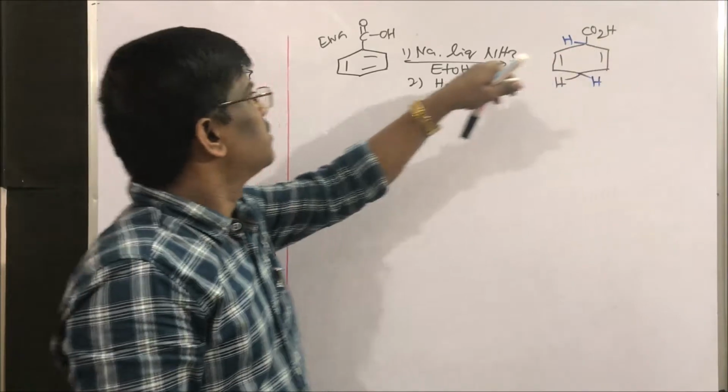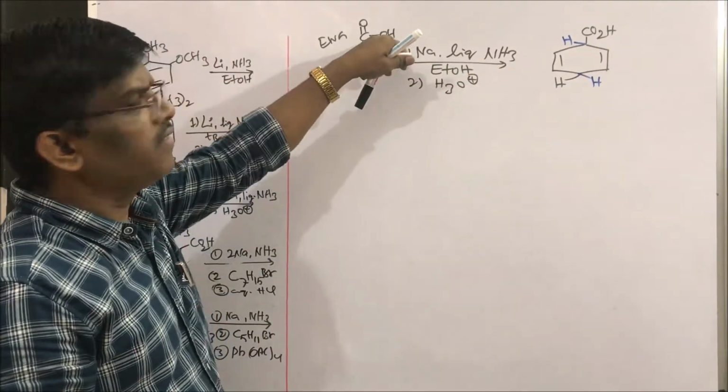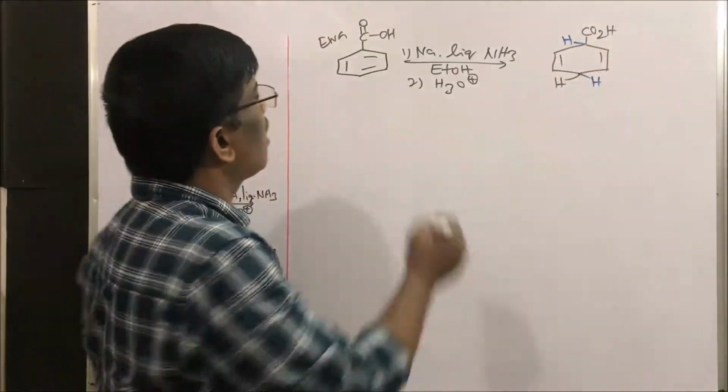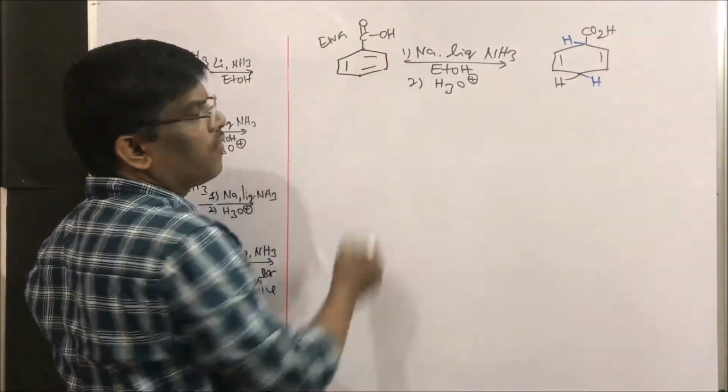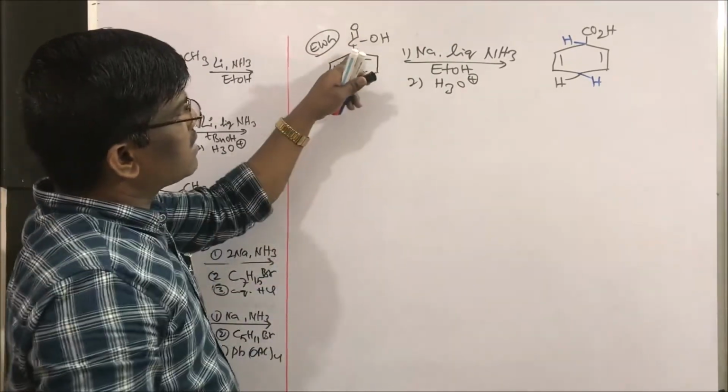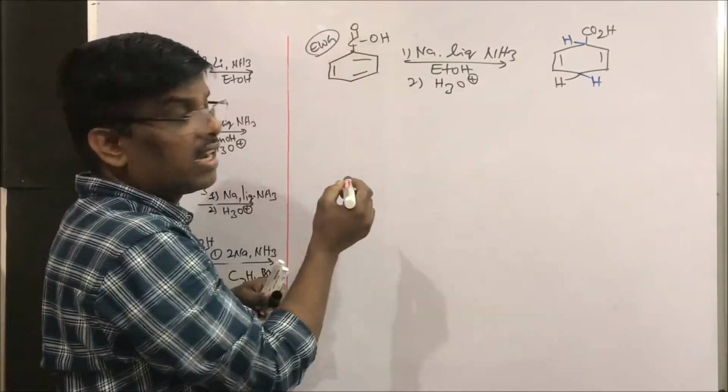That means the compound attached to an electron withdrawing group is reduced on that carbon, followed by the para position. What is the nature of this carbon? Is it electron rich or electron poor?